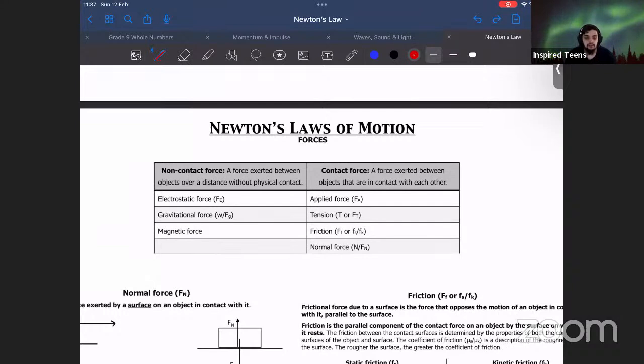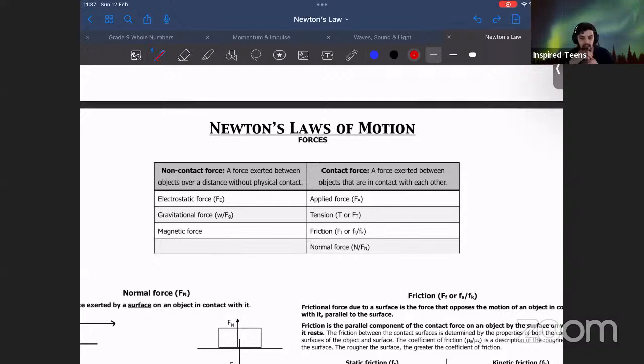Then we have a contact force, exerted between objects that are in contact with one another. So an applied force is us physically pushing or pulling something. And then tension, which is when a rope is attached to something that's in contact. Friction, when an object is in contact with the surface or the floor.